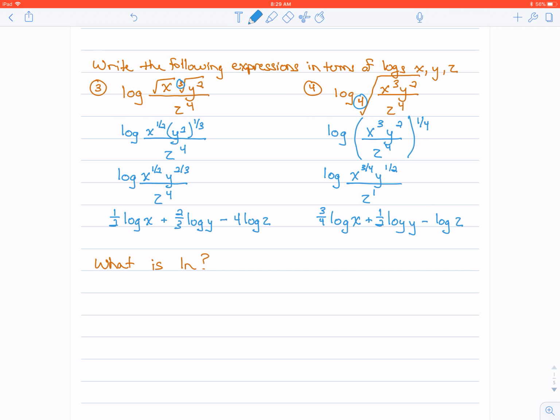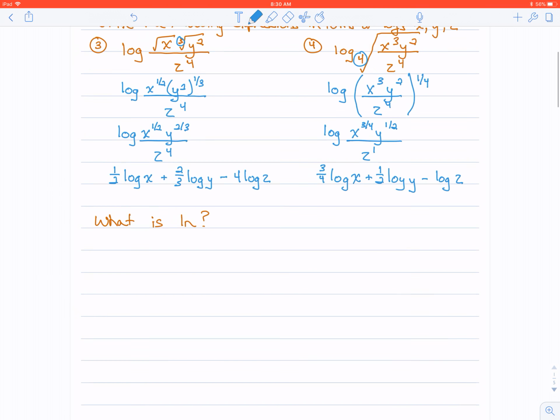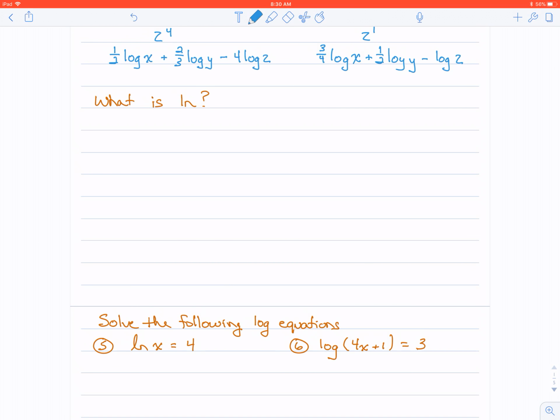Okay, so then as you're looking, you see this ln that's there. Ln is a special type of log. First of all, its name is the natural log. And it gets its name because ln, at least this is where I think it gets its name, is equal to the regular log base e. And we talked about e.